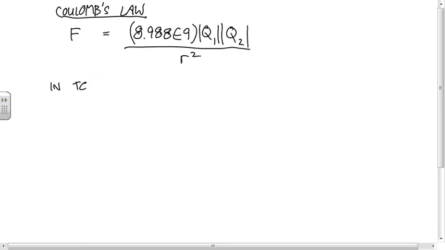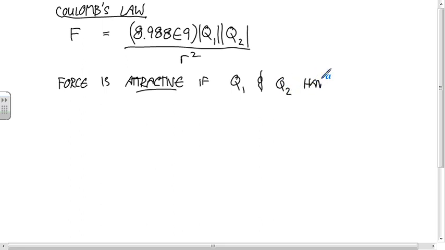And I gave directions also. The force is attractive, so the two particles are pulled together, if Q1 and Q2 have the same sign.